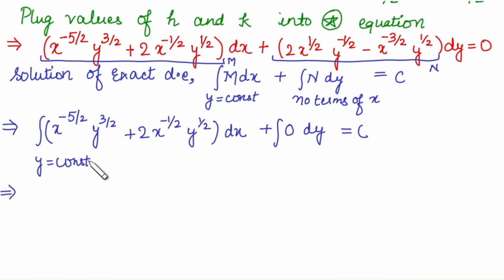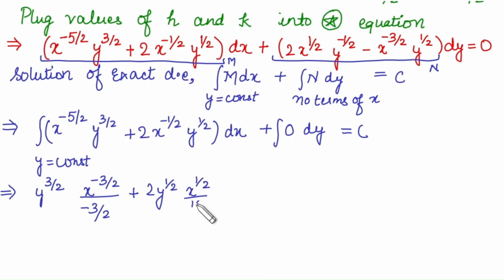This implies y raised to power 3 by 2 as it is because it is a constant, and its integration is equal to x raised to power minus 3 by 2 divided by minus 3 by 2, plus 2 into y raised to power 1 by 2 as it is, and its integration is equal to x raised to power 1 by 2 divided by 1 by 2, plus another constant is equal to c.